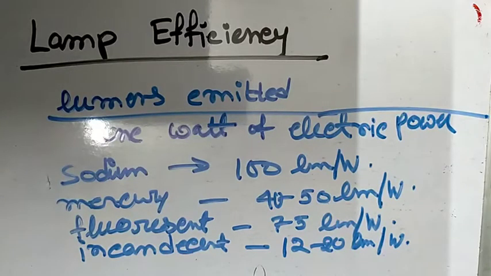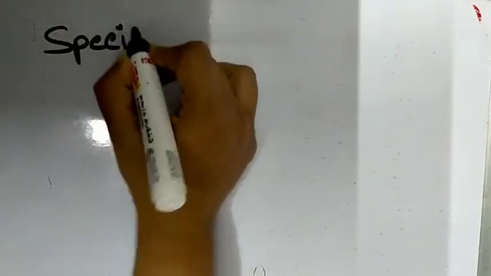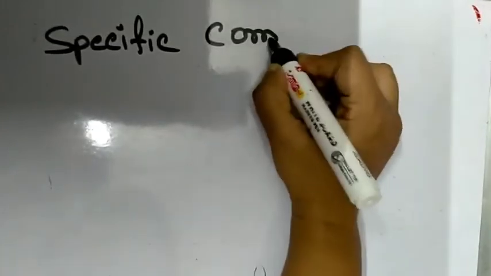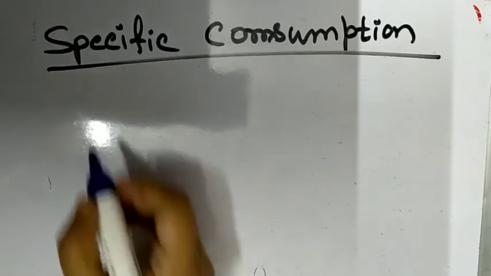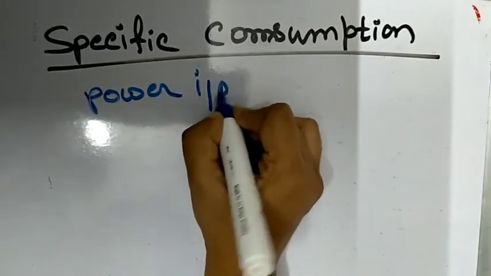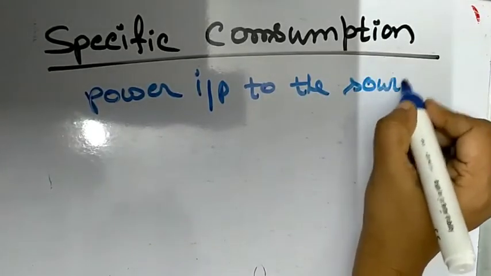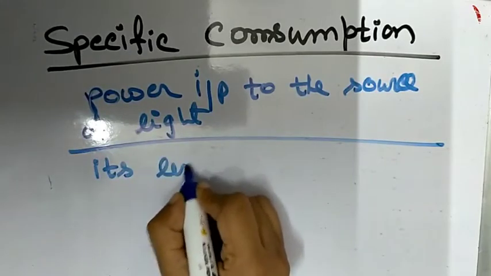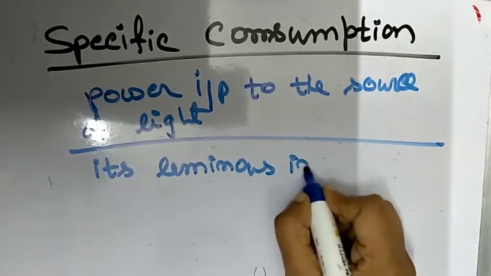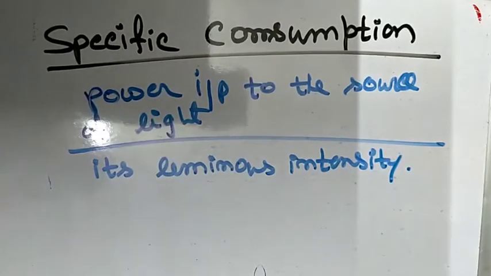Next is specific consumption. It is the ratio of power input to the source of light to its luminous intensity.